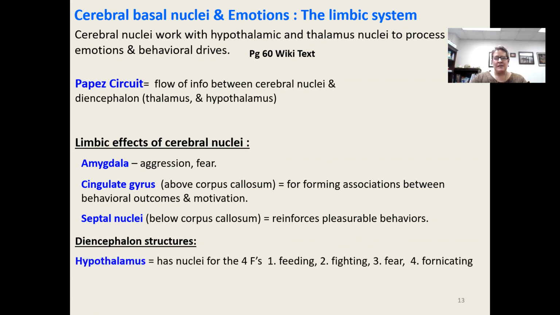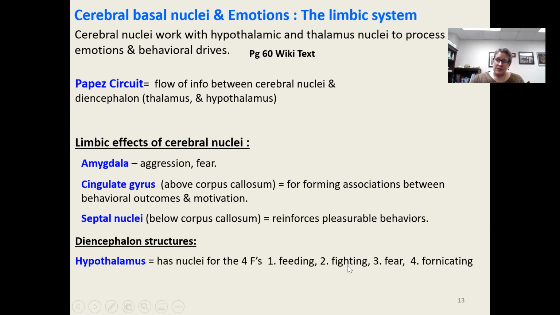Okay. In the diencephalon, there are lots of things, but I just covered the hypothalamus, and that has the four F's. These are impulses that are unconscious and very hard to control. These are your primal impulses. One of them is feeding. When you're hungry, the only thing you can think about is finding food.